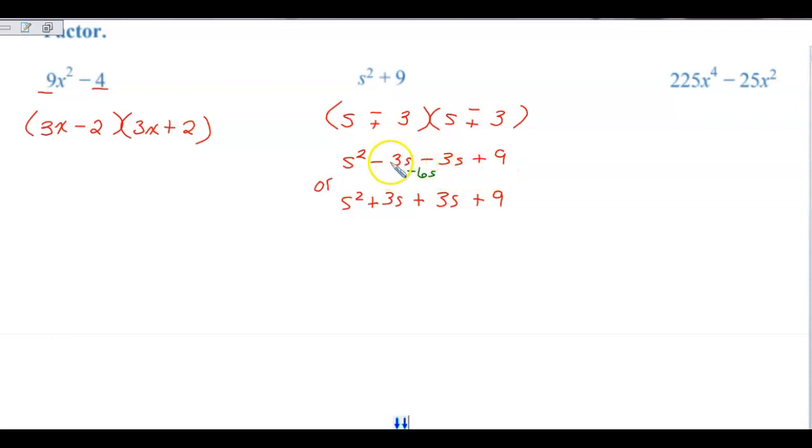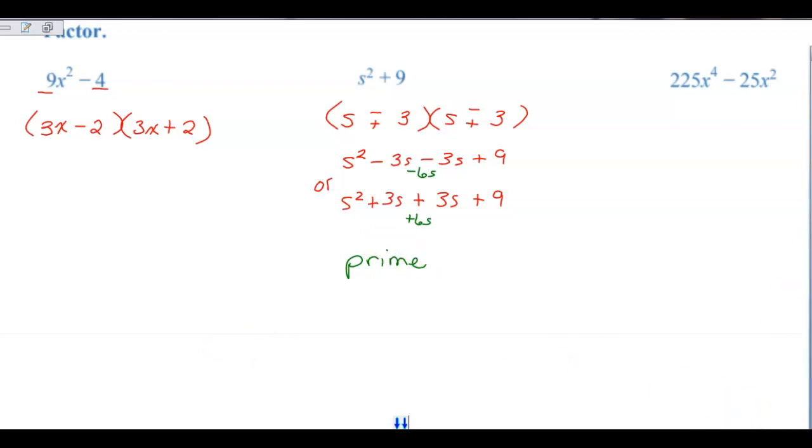It does not cancel out, does it? And if I look at this one, if it was all pluses, then I get s squared plus 3s, which again is plus 6s. It does not cancel out, and then plus 9. So this is a prime example. This is an example of prime.